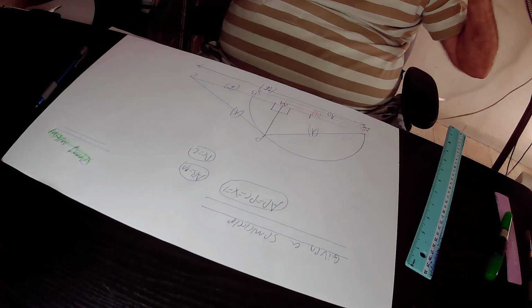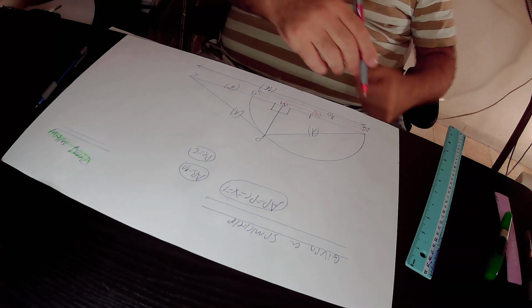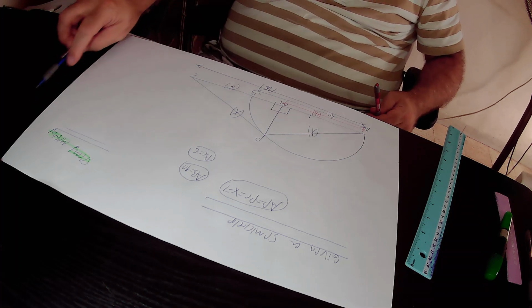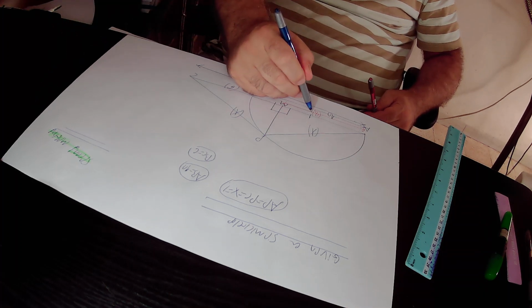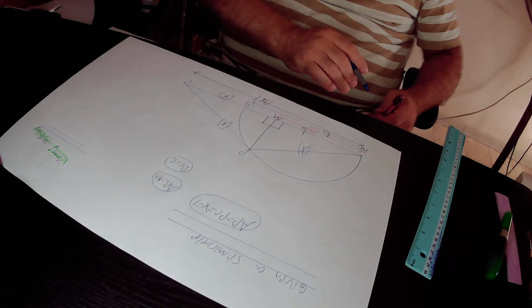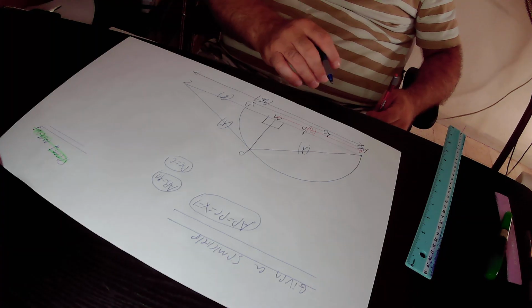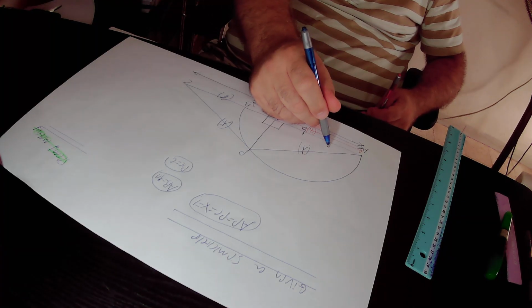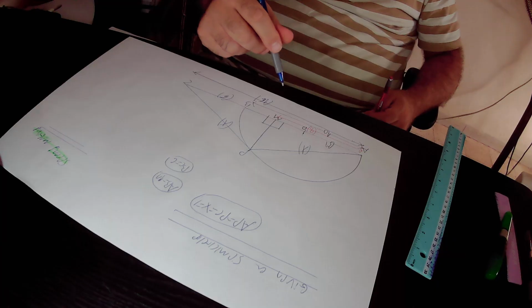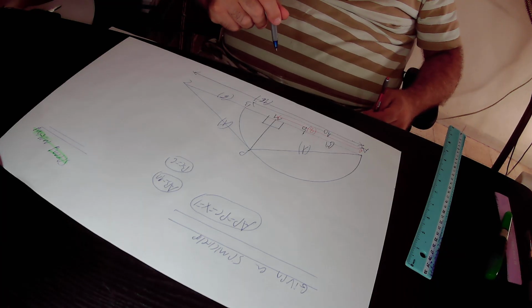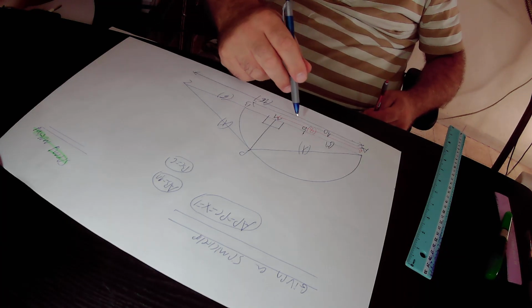In the next step, we define the center of this semicircle. This point is point O. The diameter is 10, therefore the radius must be equal to 5. So the radius OA is 5, and the radius OB is also 5.